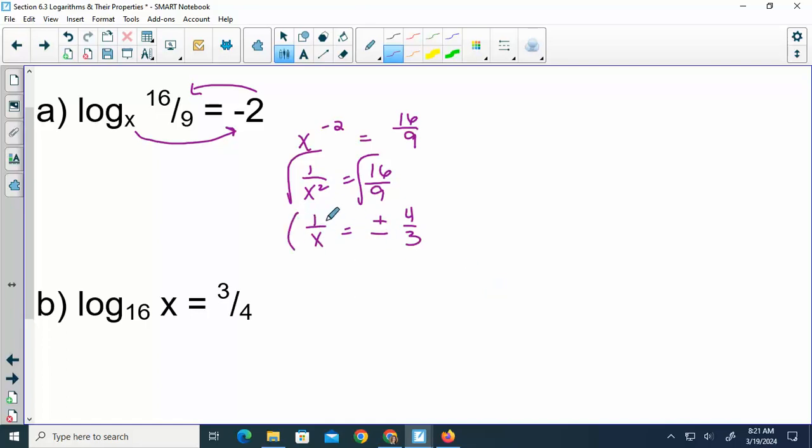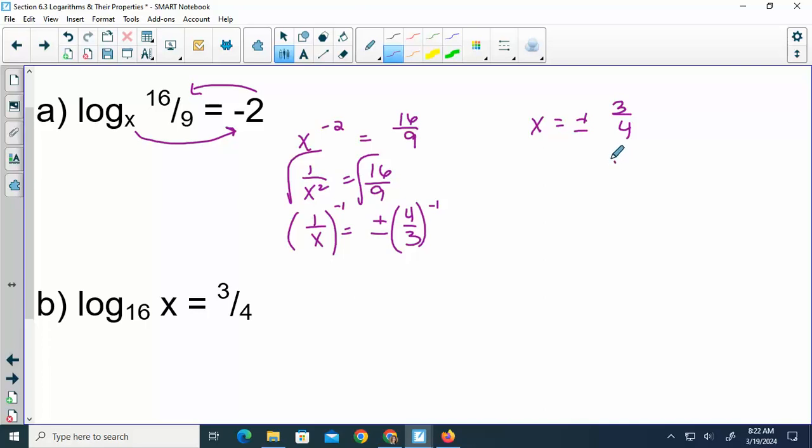We could cross multiply here and solve, or you can flip both sides. So 1 over x would just be x equals plus or minus, and if you flip that, you get 3 over 4. Is that how you guys got that answer?